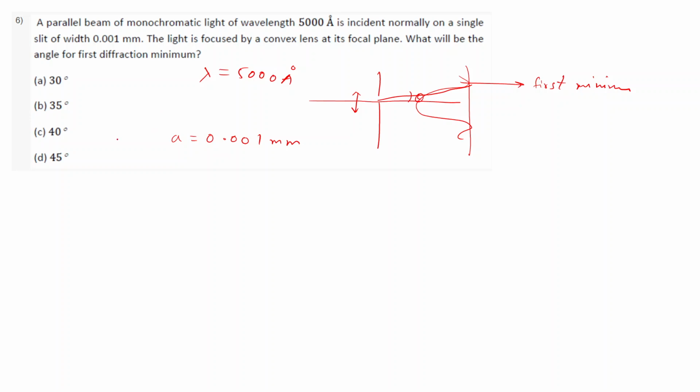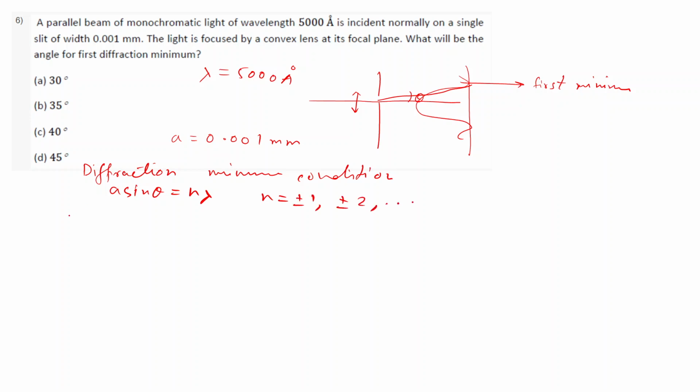Again, pretty straightforward. So for first order, here we'll use the diffraction minimum condition, which tells us that it should satisfy A sine theta is equal to n lambda, where n is plus minus 1, plus minus 2 and so on.